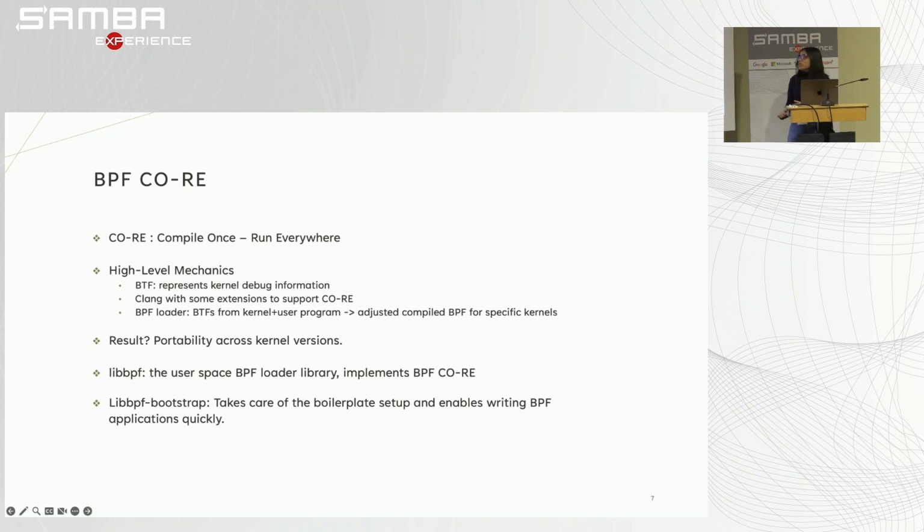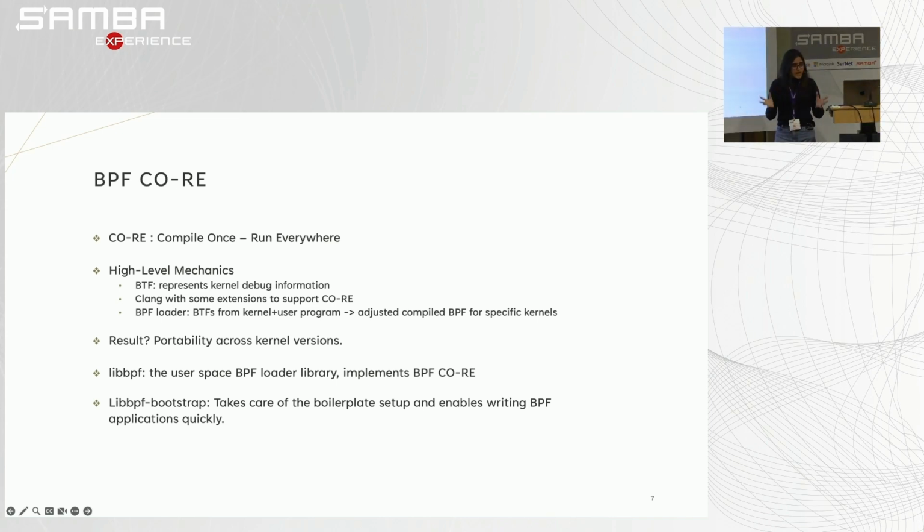So now you have the BTF type information from the kernel, and some CO-RE relocation information from the bytecode that was generated by Clang. The BPF loader combines this information, the BTF from the kernel plus the CO-RE relocation information from the user program, and it can adjust the object code so that it's tailor-made for that particular kernel version.